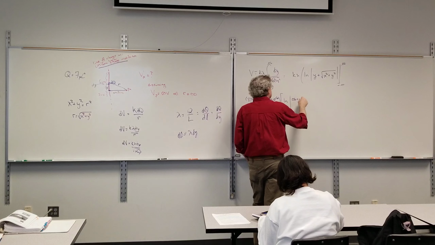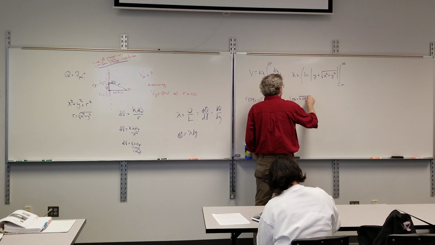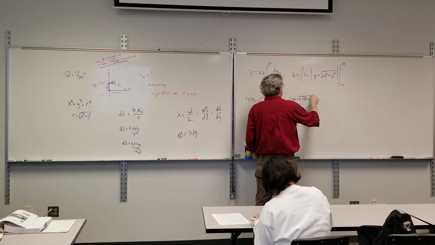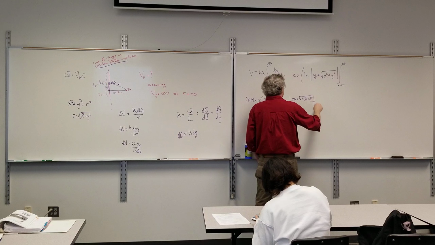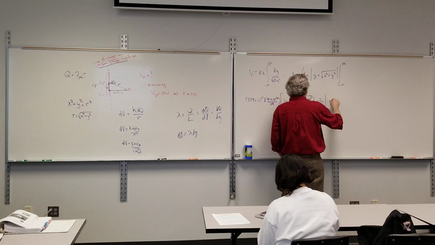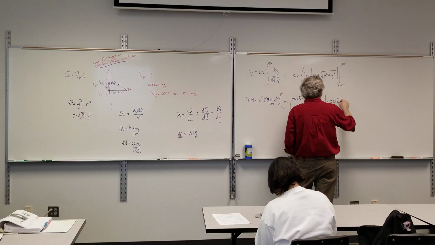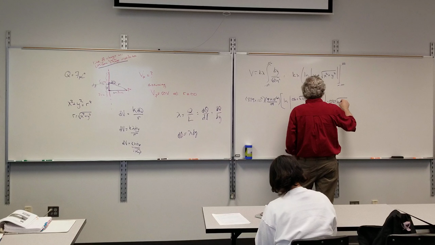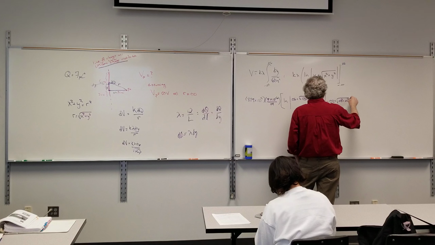0.06 plus the square root of 0.03 squared plus 0.06 squared, minus the natural log of negative 0.02 plus the square root of 0.03 squared plus 0.02 squared.